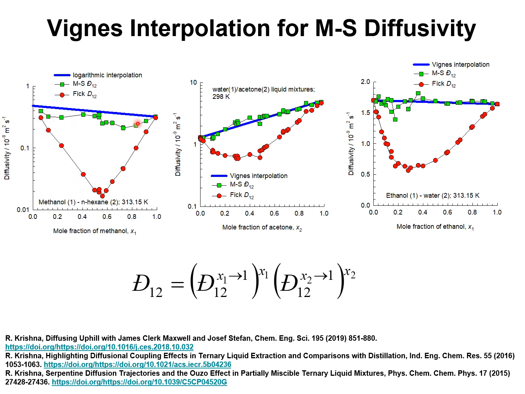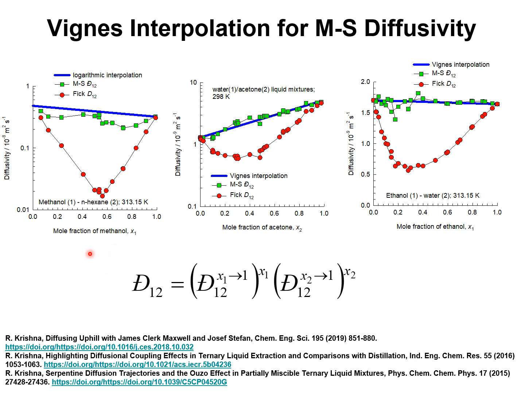This logarithmic interpolation formula is a very good approximation for a wide variety of mixtures, such as, say, methanol-hexane, water-acetone, ethanol-water, and we see that the logarithmic interpolation formula provides a good estimate of the variation of the Maxwell-Stefan diffusivity as a function of mole fraction of the mixture.